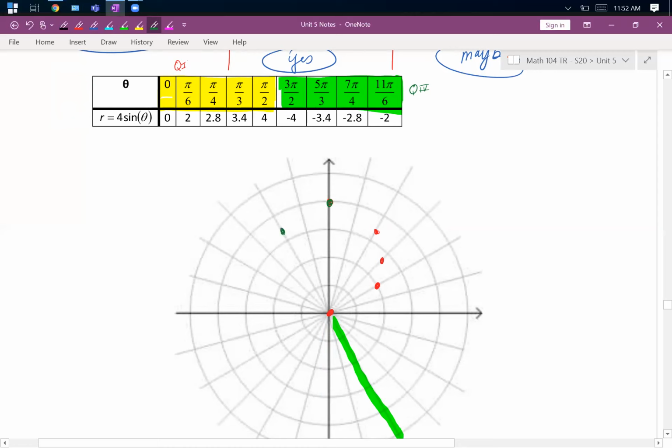Right here. Our next angle is 7 pi over 4. Again, we have a negative r value, so we're going to go 2.8 rings in the opposite direction.